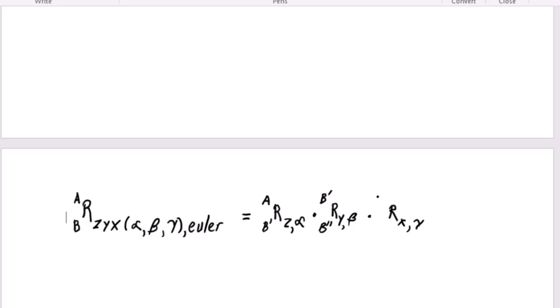The last was B double prime, and this is the B triple prime. And since this is the last position, I will not write triple prime, just B. That is why you see here B from the reference to the current position of the body attached frame. This is the B triple prime.